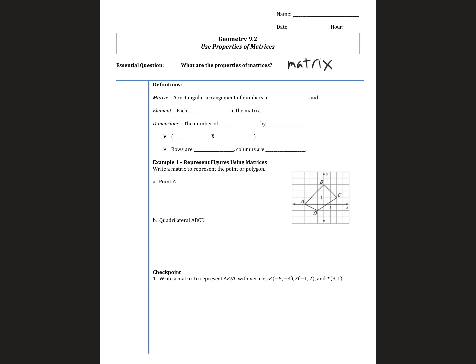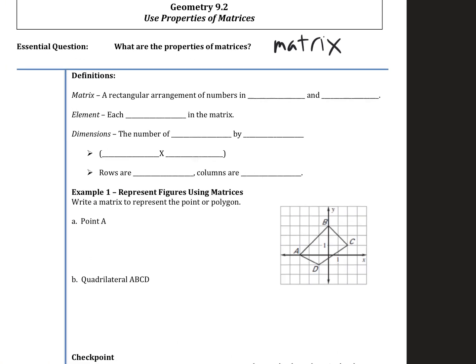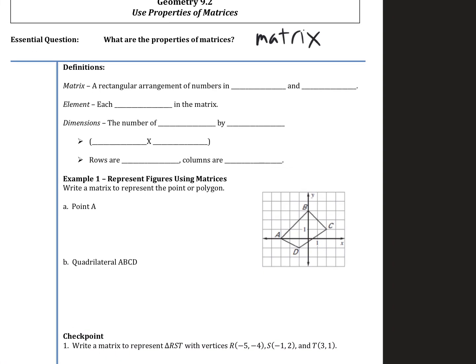Okay, so no warm up today. Let's get into this. A matrix is a rectangular arrangement of numbers in rows and columns. An element is each number in the matrix. Dimensions are the number of rows by columns, and in parentheses we have rows by columns.